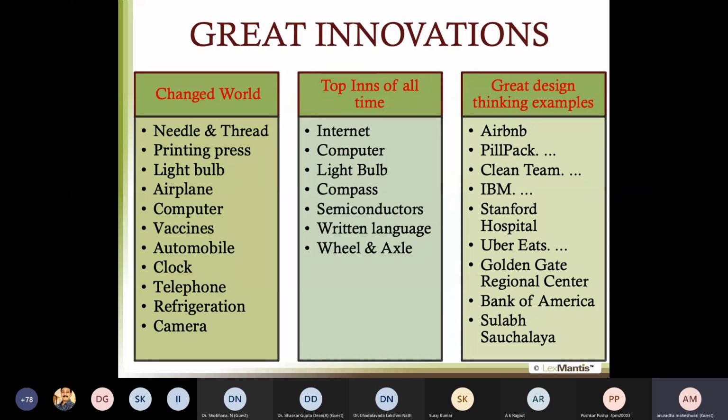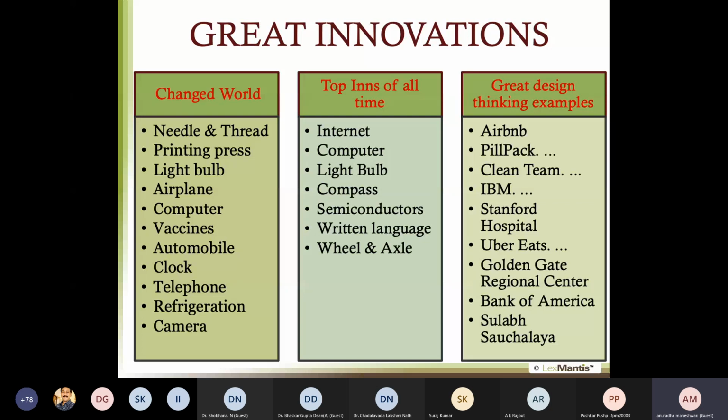Then we also have great design thinking examples, which are again ruling the world today, for example Airbnb, a clean pack, a clean team, a pill pack, whatever. Different hospitals are coming out with services that they are offering to their people, just like Stanford has done.